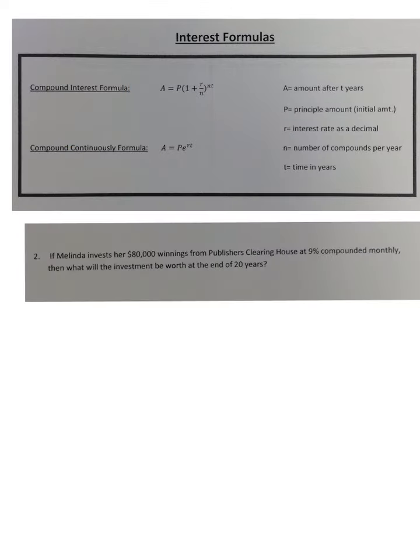Okay, number 2. Melinda invests $80,000 of her winnings from Publishers Clearinghouse. Woohoo, lucky Melinda. She invests it at 9% compounded monthly, and they want to know how much she's going to have at the end of 20 years. Very similar to what we did in number 1. So why don't you pause me, throw those numbers in, get an answer, and then unpause and see how you did.